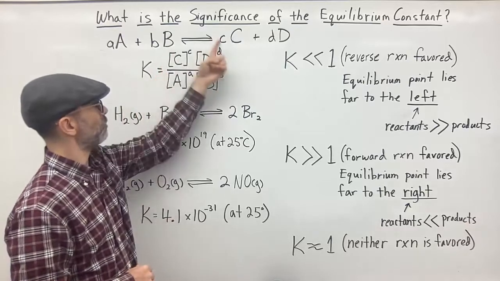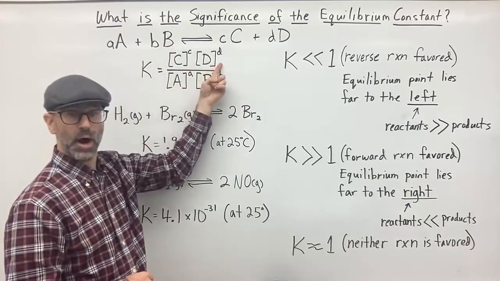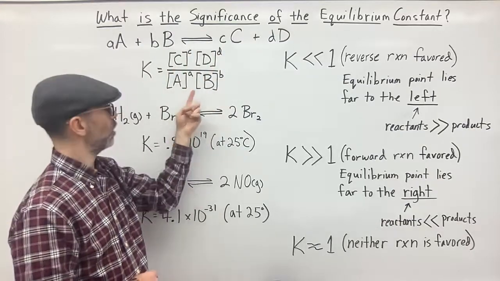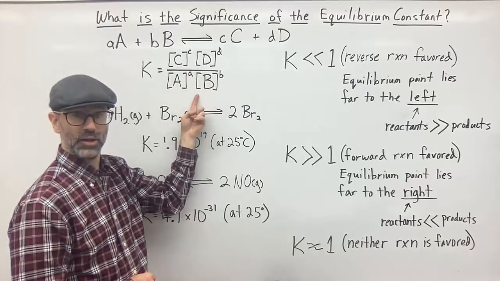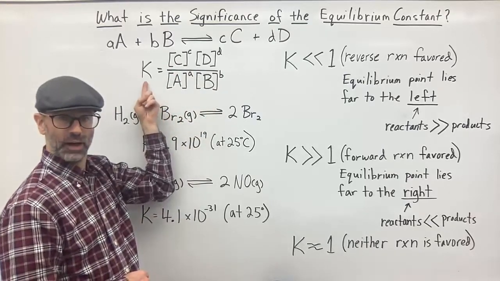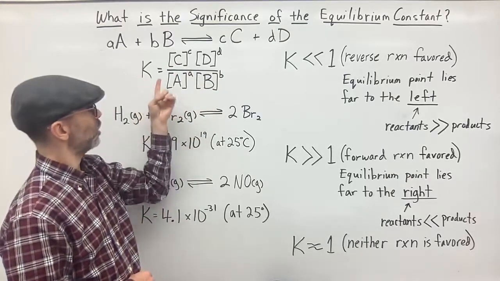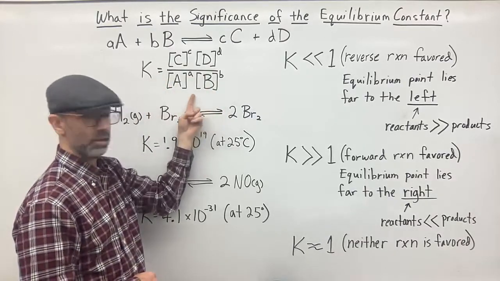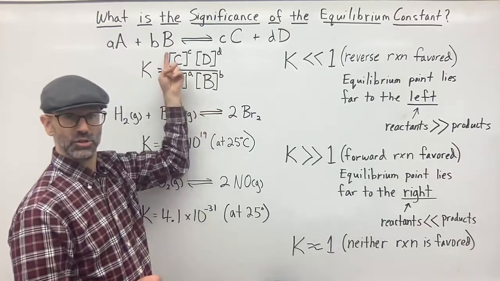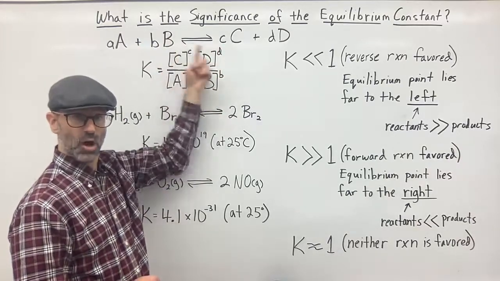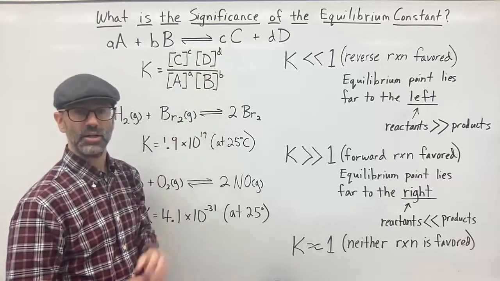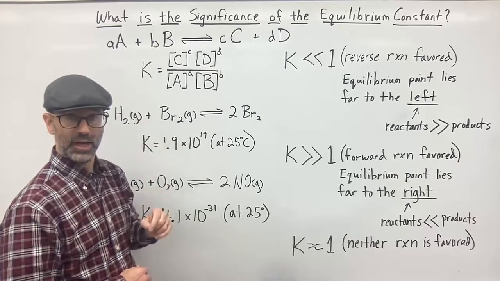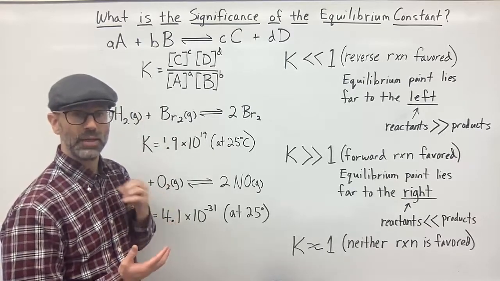So if you have more products, if your numerator is bigger than your denominator, you're going to have a large K value. But if you have a large denominator compared to your numerator, so a small numerator and large denominator, that's going to end up in a smaller value for K. So what does this mean then?